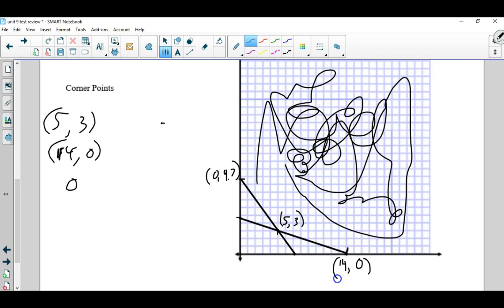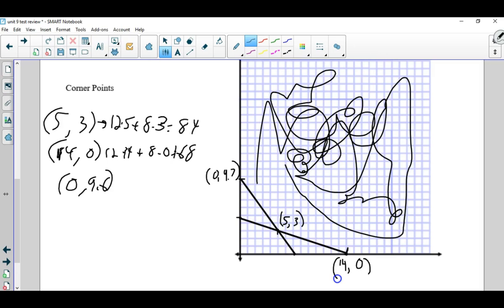Board's being goofy. And 0, 9.6. So if I do, with my z function, 12 times 5 plus 8 times 3, I get 84. If I do 12 times 14 plus 8 times 0, I get 168. And if I do 12, yes, that's a 1, times 0 plus 8 times 9.6, I get 76.8.